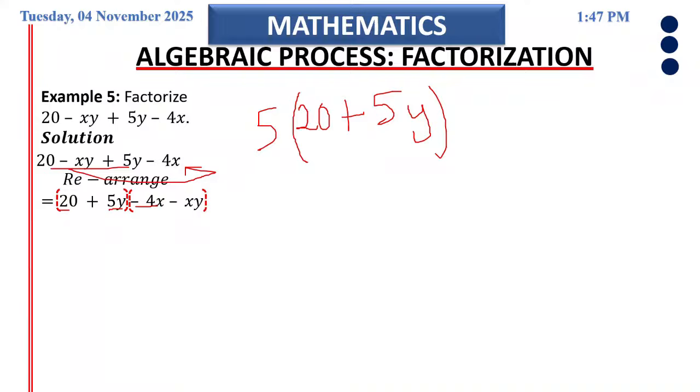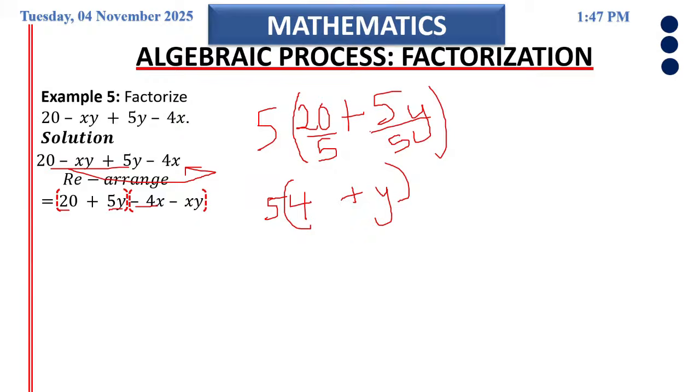Divided by 5, 20 gives 4, and 5y divided by 5 gives y. So that's 5 into the bracket 4 plus y. You can see how easy that is.